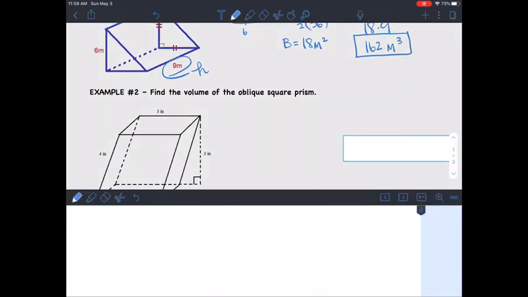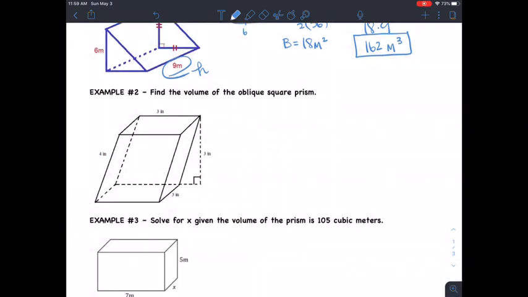The same applies to an oblique prism. It's still volume equals area of the base times the height between the bases. In this case, it's giving us this 3 as our height, so let's use that. And then it looks like we have a 3 by 3 square as our base.